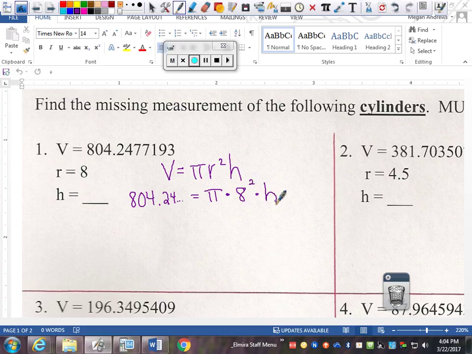So I don't have a picture to look at, but I have the letters telling me what the numbers are. Dividing both sides by pi times 8 squared. Now, the shortcut is only the writing part. I still have to type in that whole monstrosity.